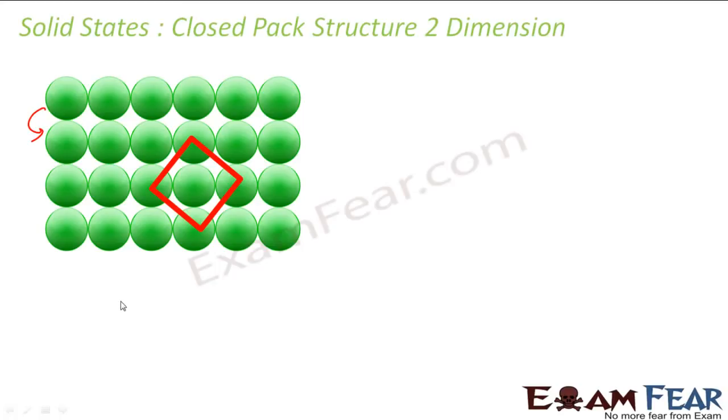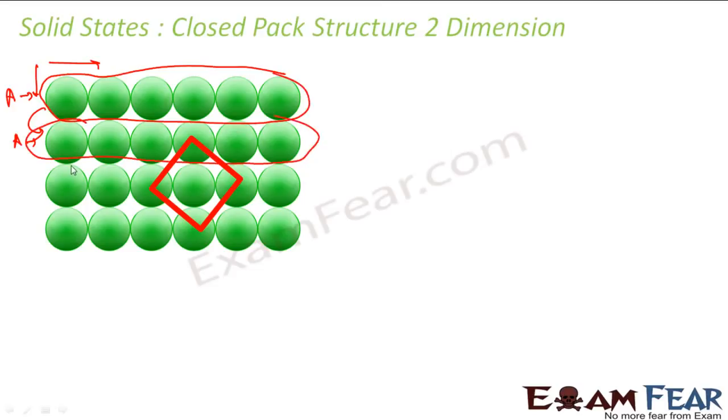So all the spheres are aligned both horizontally and vertically. This is called AA type pattern, because if this is my A, the next layer which I join is also the same style, also A.